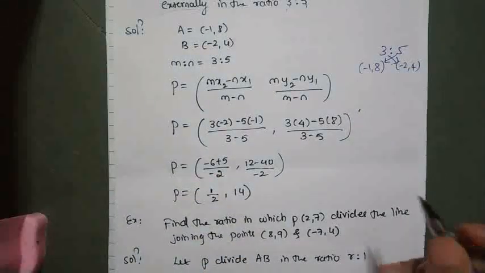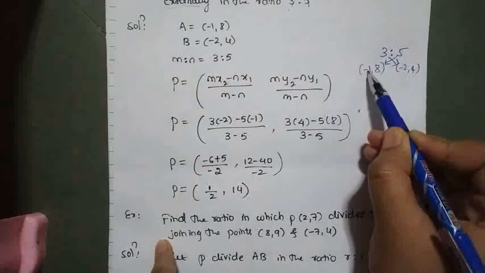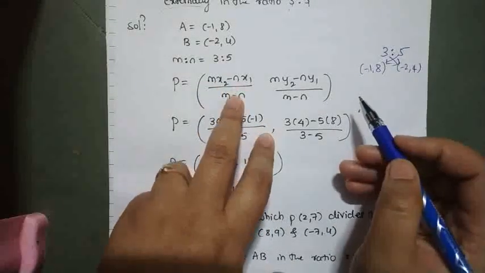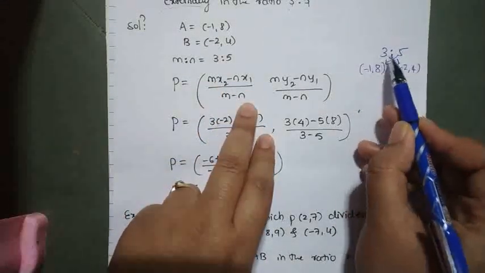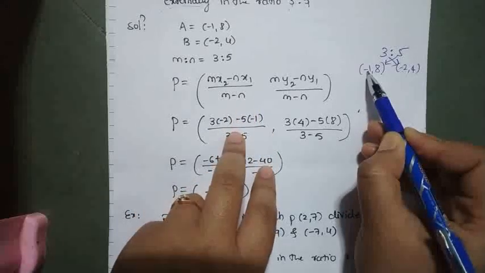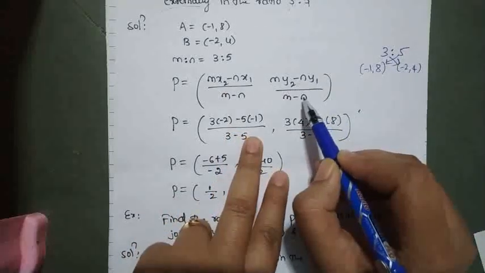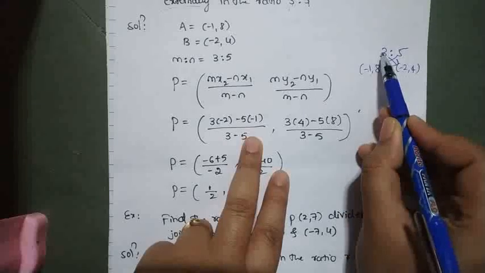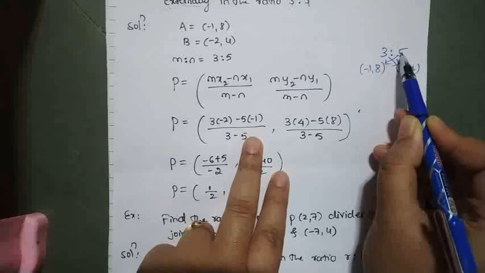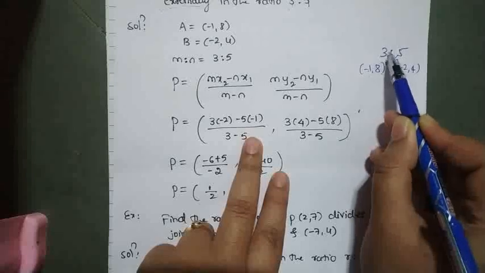That is P is equal to (mx2 minus nx1) by (m minus n), which will become 3 into -2 minus 5 into -1 divided by 3 minus 5. And (my2 minus ny1) by (m minus n) will become 3 into 4 minus 5 into 8, divided by 3 minus 5.